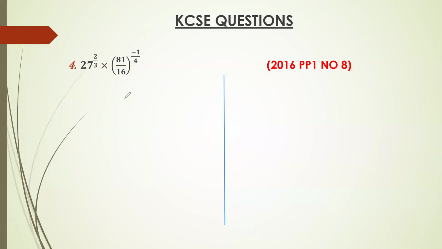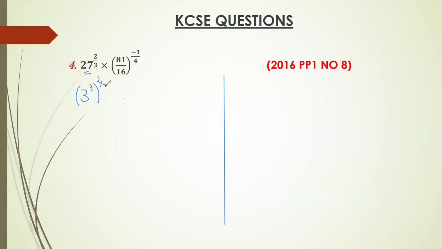Ni rahisi sana. So tutafanya nini? Kitu ambacho tutafanya is basically hii 27 tutaifanya into base 3, kwa sababu huweza divide na 3. Na hii 81 pia tutafanya into base 3, 16 tutafanya into base 2. Sawa? So 27 ukitaka kufanya into base 3, obviously ni 3 power 3. Sawa? So 3 times 3 times 3 ndio utapata 27.